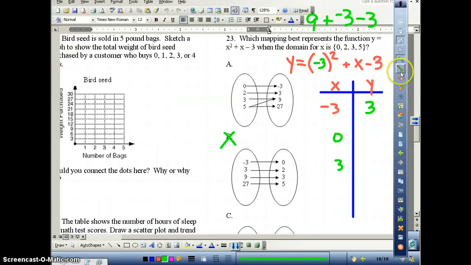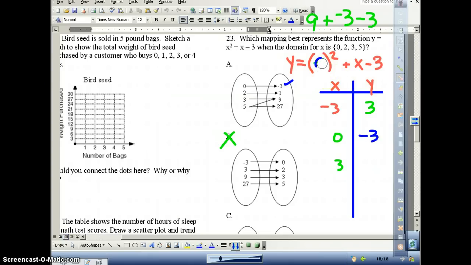Let's put in another number here. Let's put in 0. 0 times 0 is 0, and 0 plus 0 is still 0, and 0 subtract 3 is negative 3. So I need 0 comma negative 3. That works. I can't see C. I'm going to try putting in a 2.